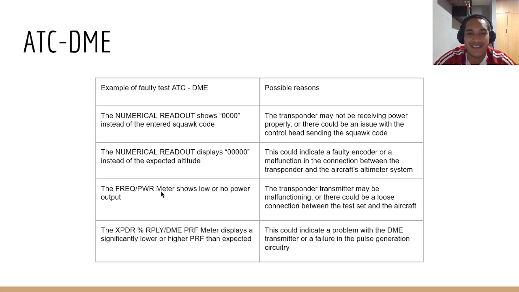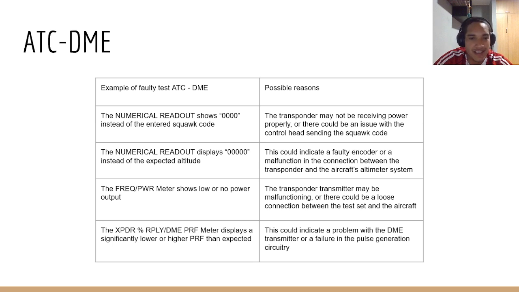And finally, in the DME, the transponder DME PRF monitor displays a significantly lower or higher PRF than expected. The problem could be the DME transmitter, because there is a pulse generation that we need for the signal to go to the ground, then have a pause of 50 microseconds, and then return.